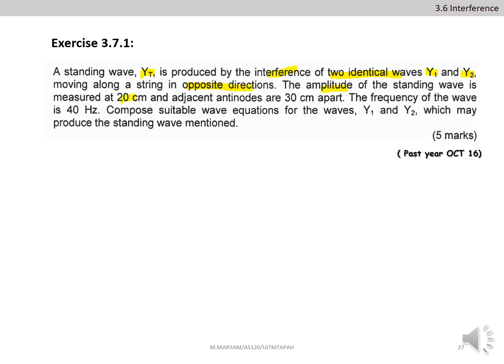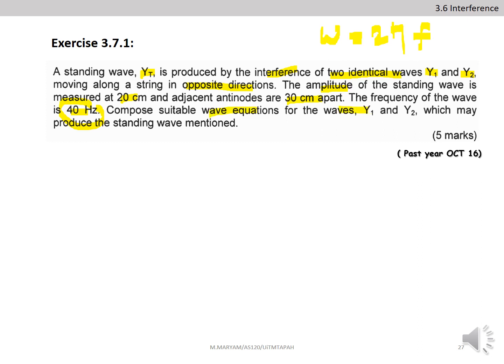The amplitude of the standing wave is 20 centimeter. Adjacent antinodes are 30 centimeter apart. The frequency of the wave is 40 Hz. The frequency is given to find the omega, because in the equation we have omega t and kx, right? So you need to find omega using 2 pi f.